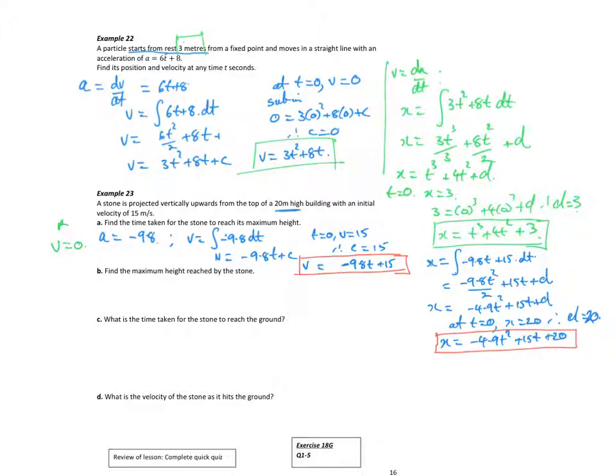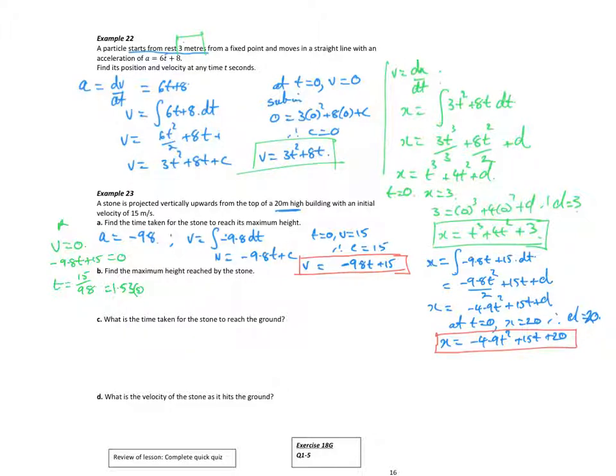So negative 9.8t plus 15 has to equal 0. So t is going to equal 15 over 9.8. It works out to be 1.53 seconds.